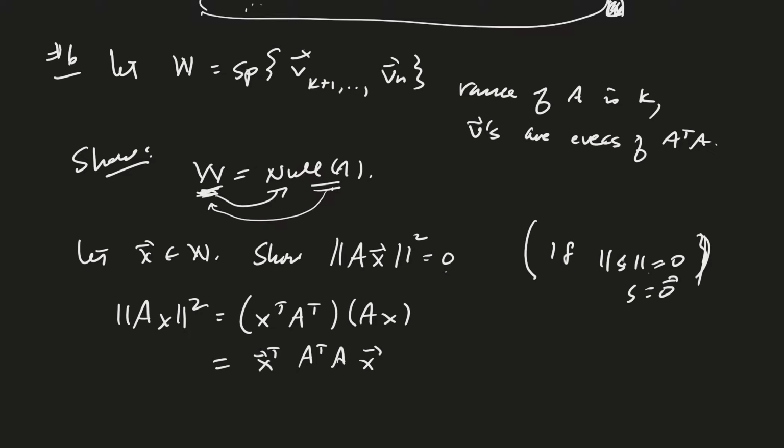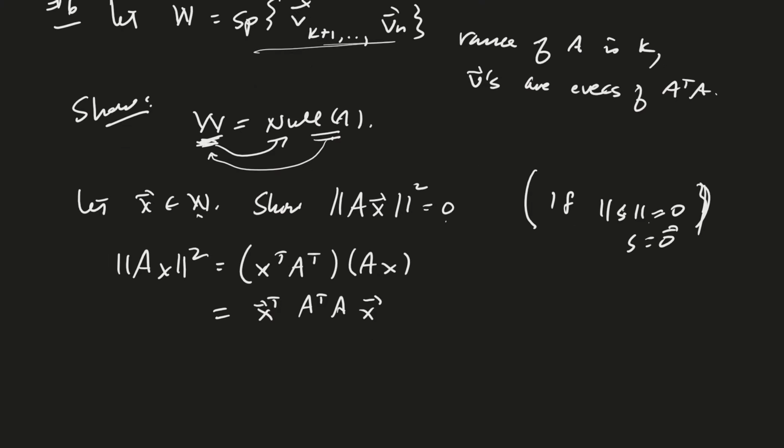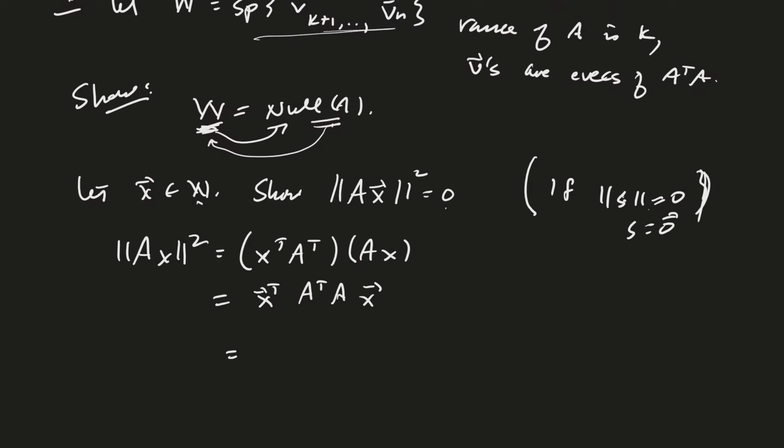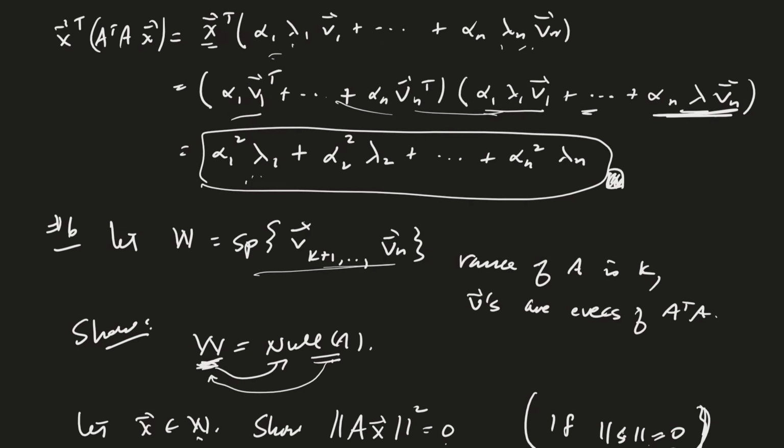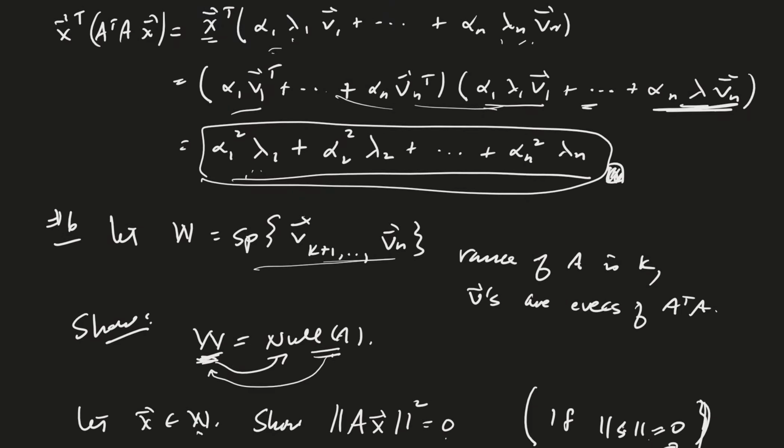And now, if x is in W, then x is in the span of these. And so what can we say about that? That's equal to, oh, didn't we already show that? Yes, we did. What is lambda k plus 1 through lambda n?